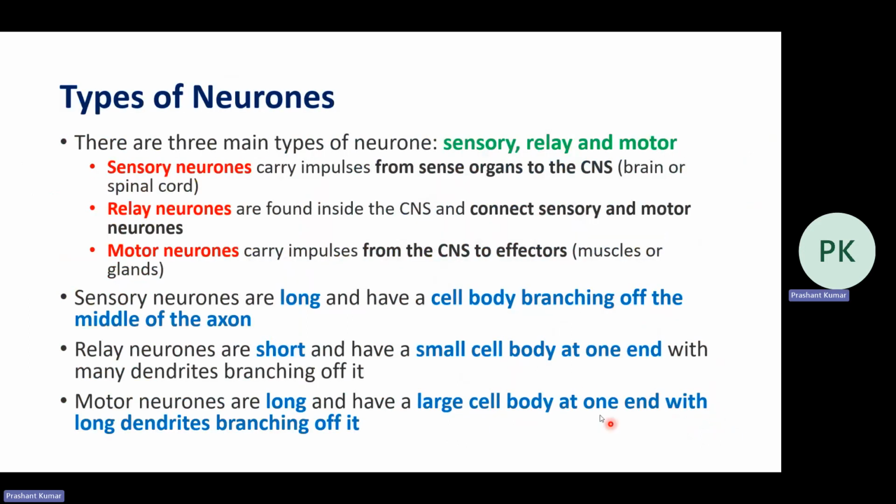So we got to know three different types of neurons in the previous slide. Sensory neuron, as the name suggests, is sensory. That means they carry the impulse from the sense organ to the central nervous system, that is the brain or spinal cord. Then let's talk about the motor neuron. What is the motor neuron doing?